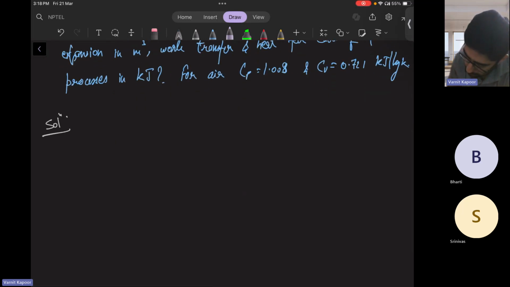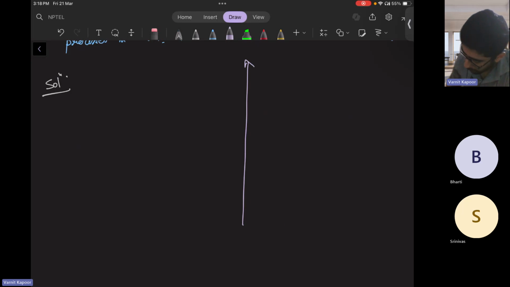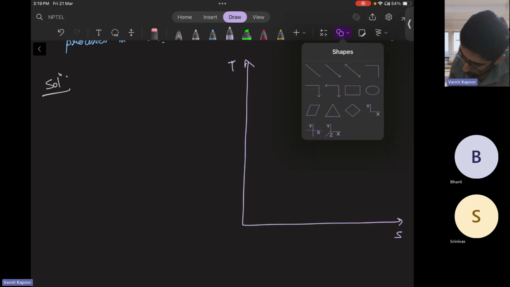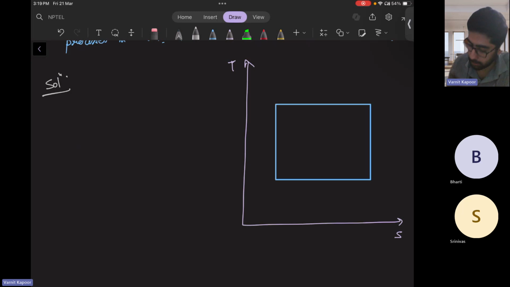So first of all, we will make a TS plot, a temperature-entropy plot. This is temperature, this is entropy. We very well know that it looks like this. We have already discussed in detail all these plots.